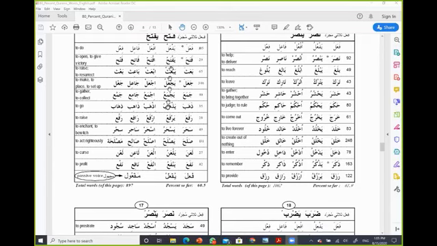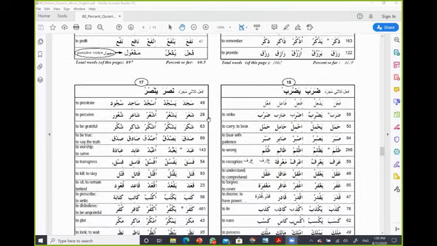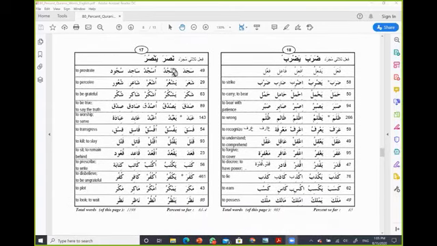So I've got some patterns here. We did talk about these patterns before, so we're not going to go over it again, but this is just a reminder of how some of those patterns for a regular verb will have some little modifications in order to make it from a past tense and the root of a verb to the present and future tense.